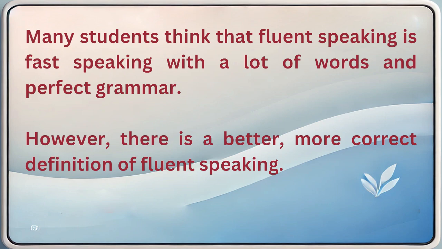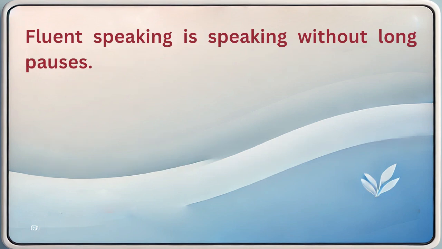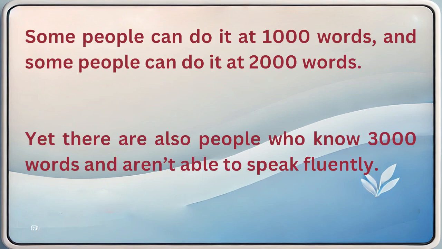However, there is a better, more correct definition of fluent speaking. Fluent speaking is speaking without long pauses. Some people can do it at 1,000 words, and some people can do it at 2,000 words. Yet there are also people who know 3,000 words and aren't able to speak fluently.